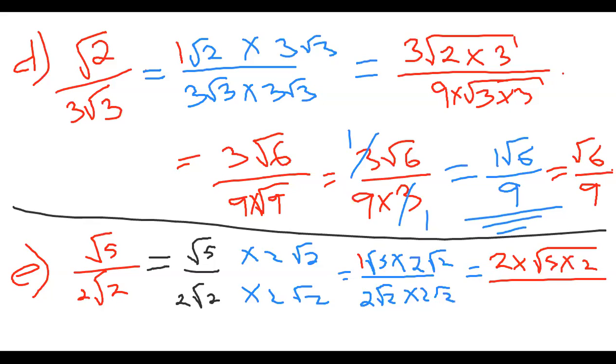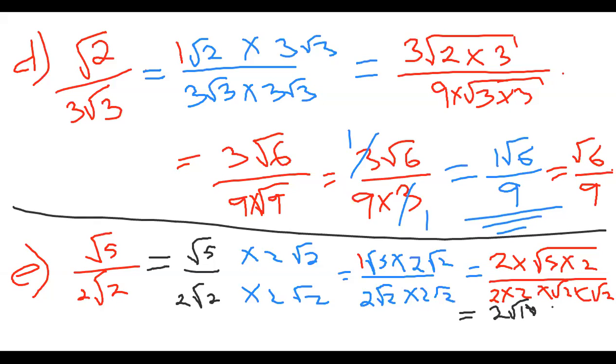So you shall, in other words, have 2 times root 2 times root 2. Remember that. So you multiply the same figure, root 2 times root 2, you get 2. Meaning that our answer here will be equal to, in the numerator shall have 2 root of 10.